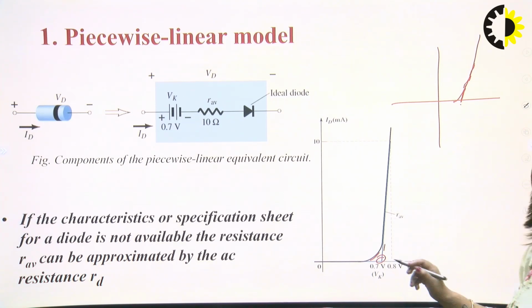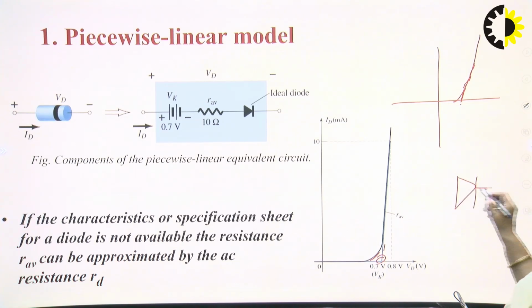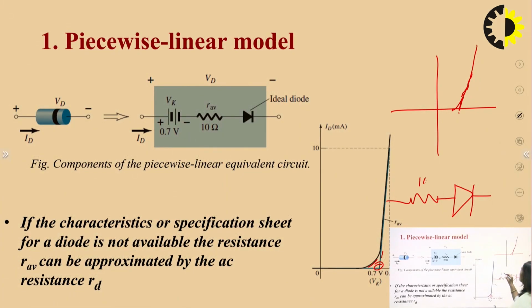This is called the piecewise linear model, and this is our ideal diode. In the ideal diode the resistance is 0 in forward bias, and we attach a resistance of 100 ohm with it. The knee voltage of the ideal diode is 0, so we place a barrier of 0.7 volt with it. The combination of this 0.7 volt and 100 ohm together forms a practical diode, the piecewise linear model.